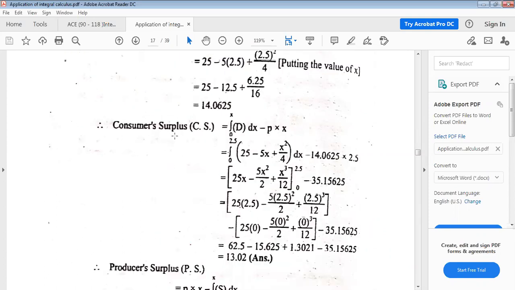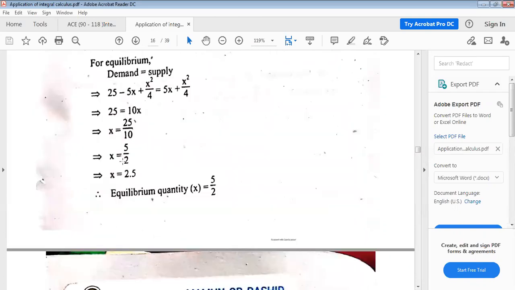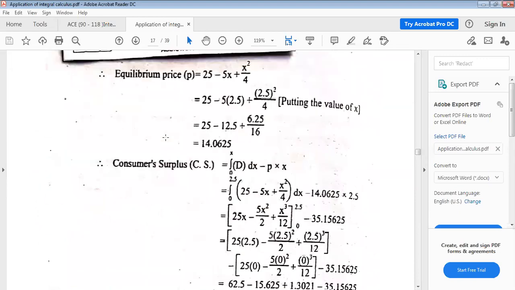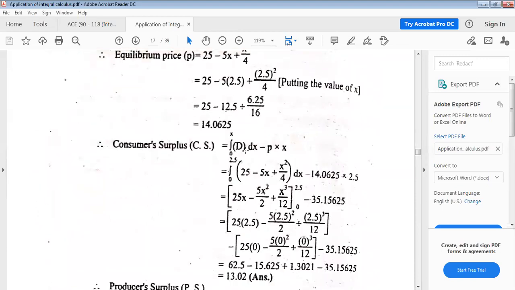Now the consumer surplus formula we know: integral from 0 to X naught of the demand function dx minus P naught X naught. 0 to 2.5, X naught equals 2.5. The demand function dx is given, this is the demand function, and then X naught P naught.